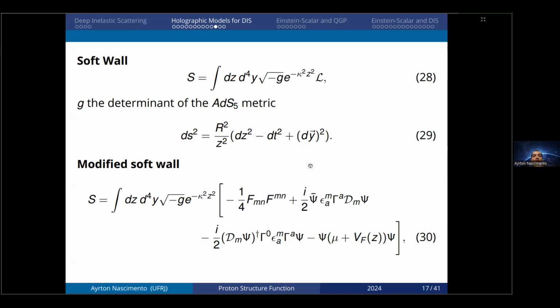But the papers that I was reading were saying that when a model like this is applied to a deep inelastic scattering problem, you get the equations of motion and solve them to get the masses of the particles. You don't get a discrete spectrum for this model in specific.